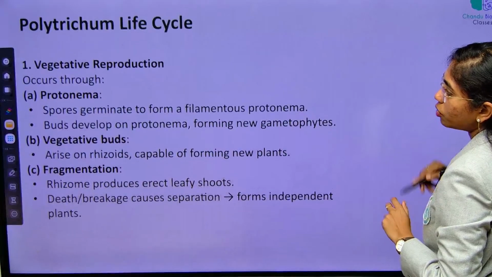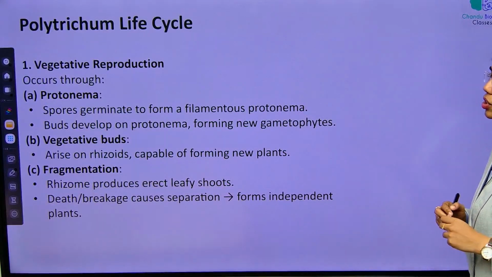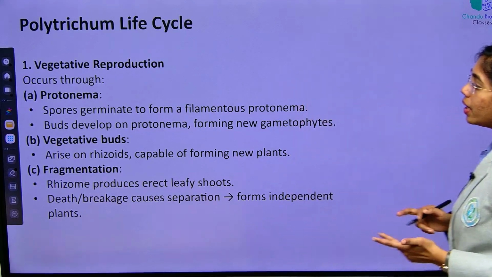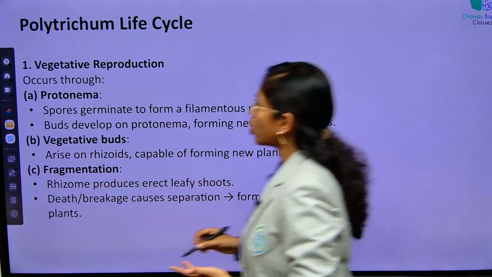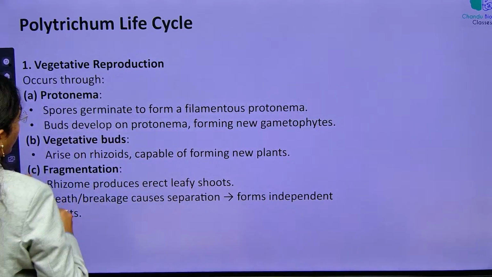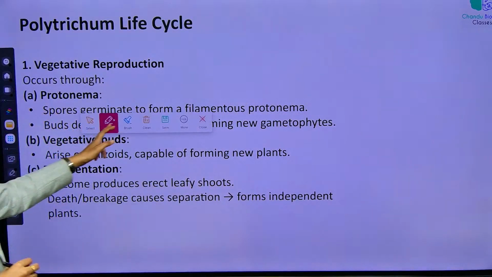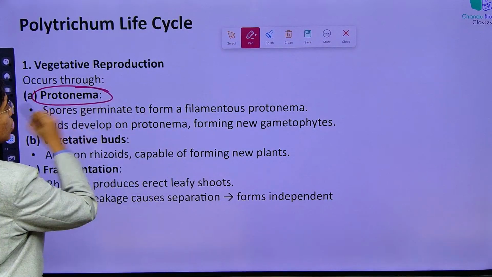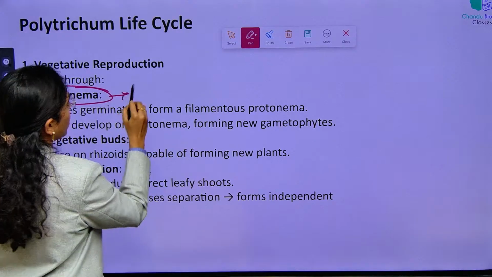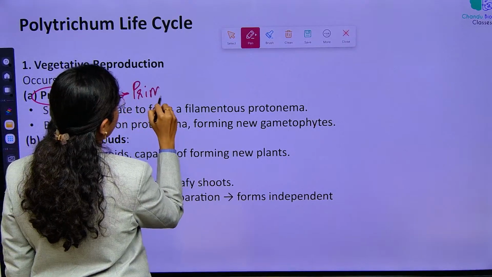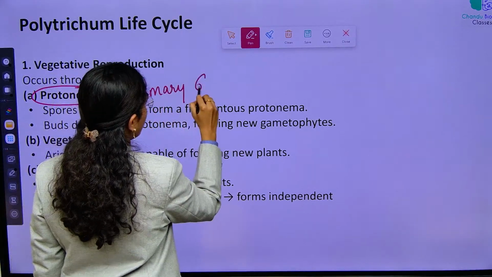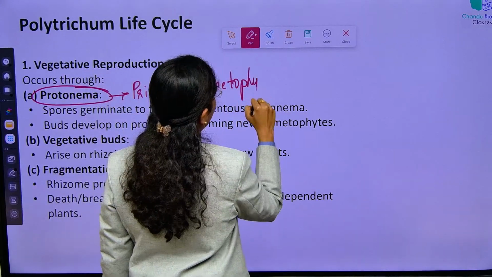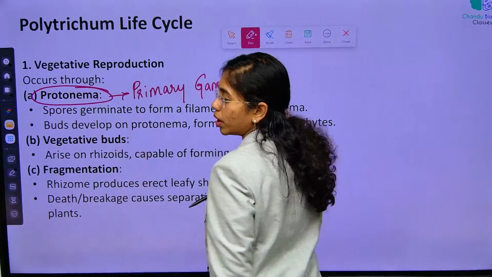Polytrichum life cycle, you see. First, vegetative reproduction, it can be either through protonema, vegetative buds, or by fragmentation. What is protonema? Protonema is the primary multicellular thalloid structure. When haploid spores land on the substratum, this forms the primary gametophytic structure which is protonema.